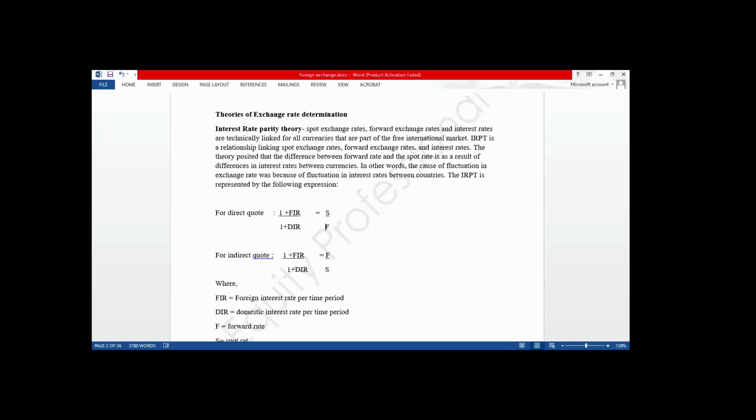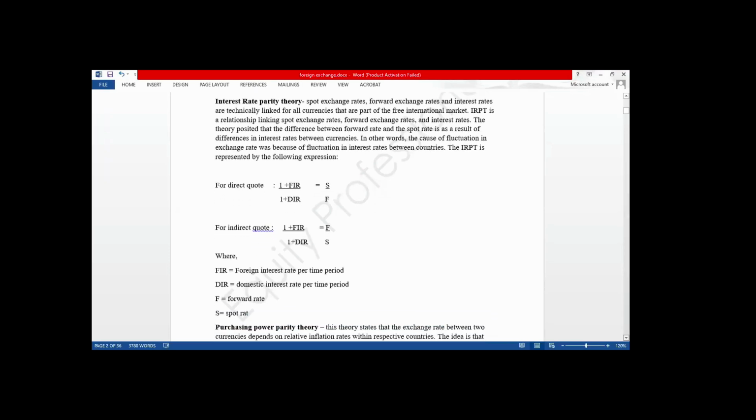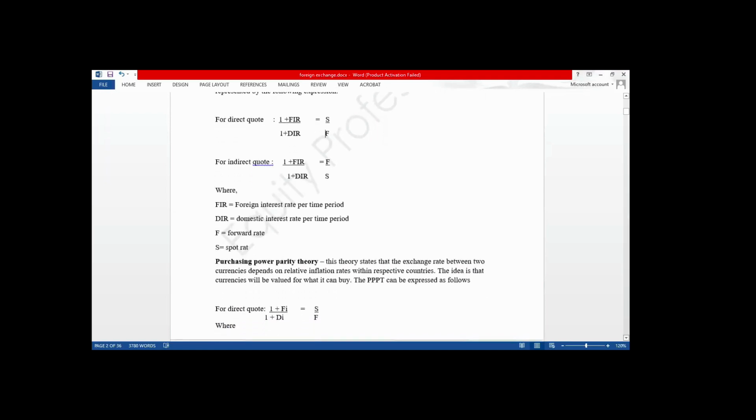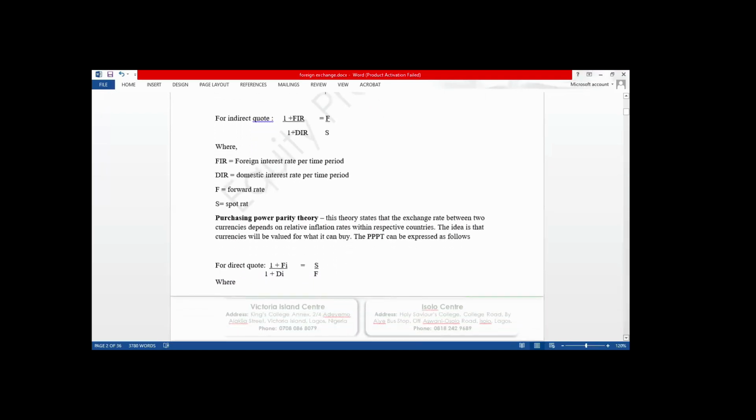Your DIR is the domestic interest rate per time period. Your F is the forward rate, and your S is the spot rate. All right. We are done with that explanation.